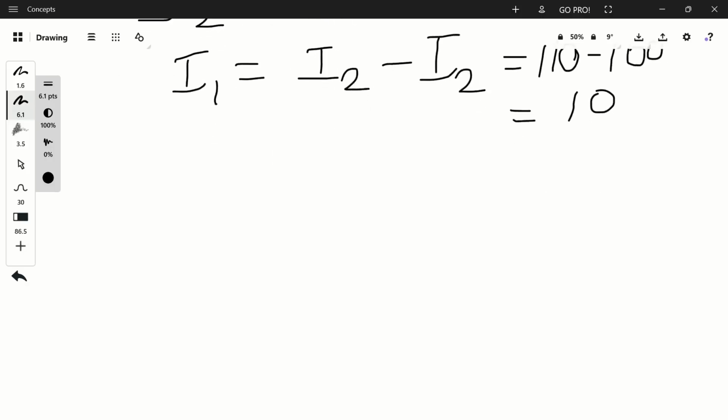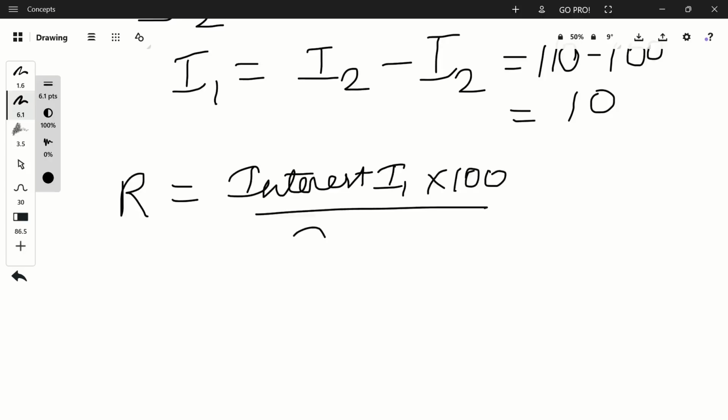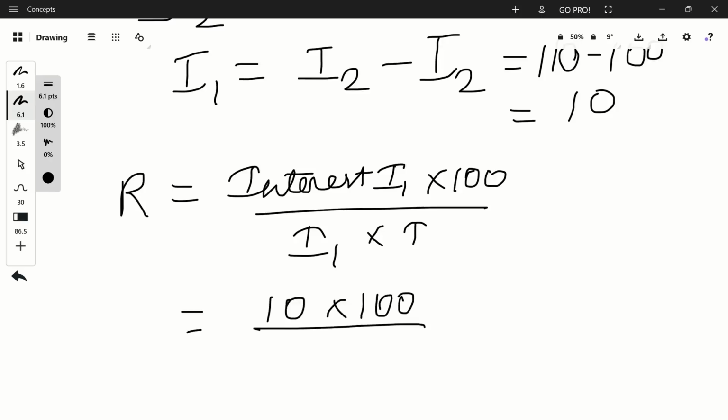The rate can be found using the simple interest formula on I1. So R is equal to interest on I1 into 100 upon I1 into time, which is equal to 10 into 100 upon 100 into 1, which is equal to 10%.